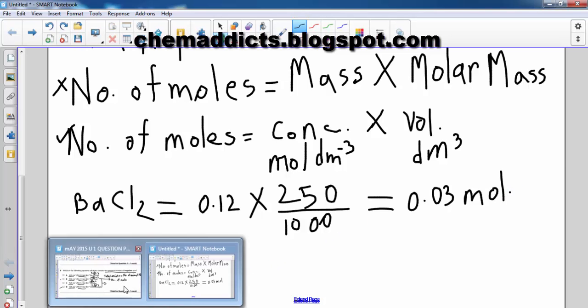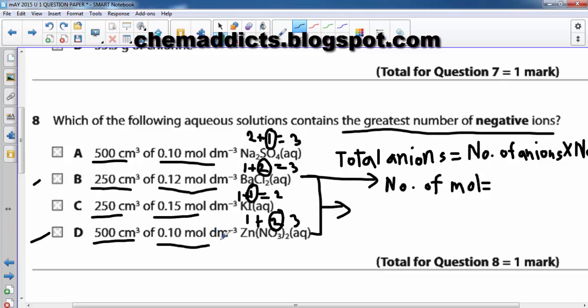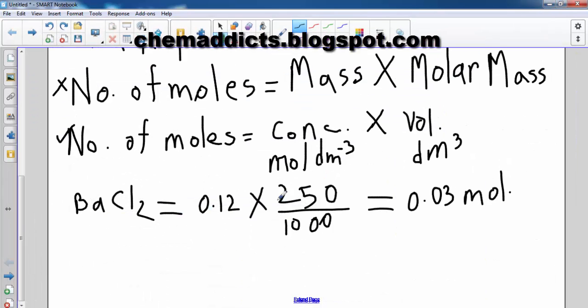Well, let us look at zinc nitrate. The volume is given as 500 cm cube and the concentration is given as 0.1 mole per dm cube.